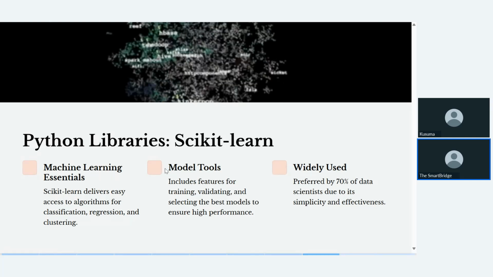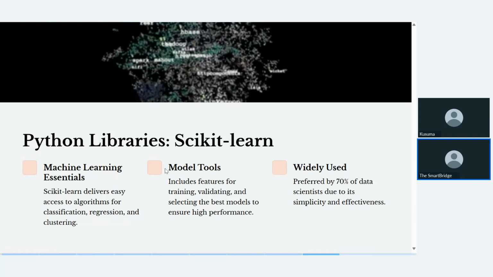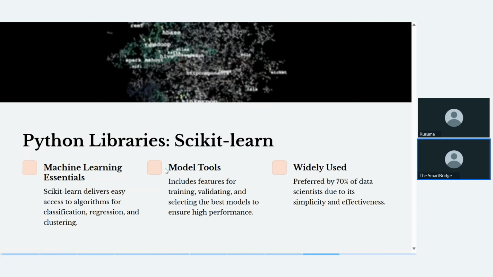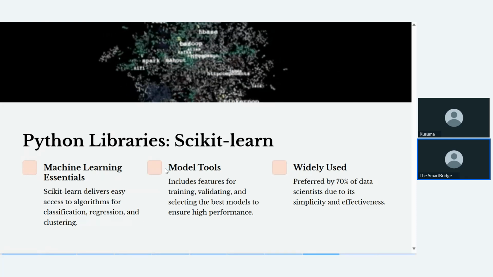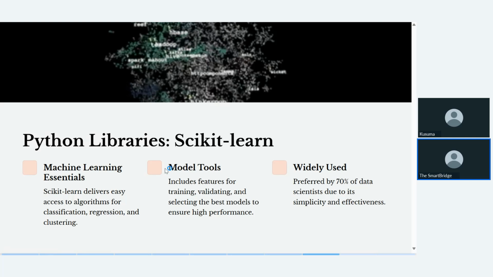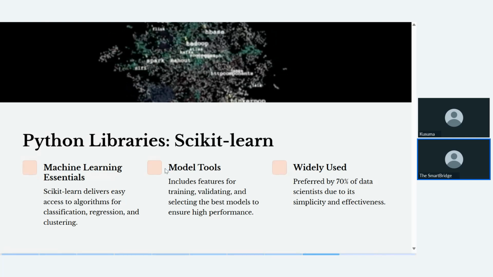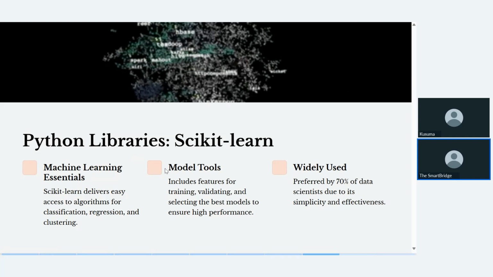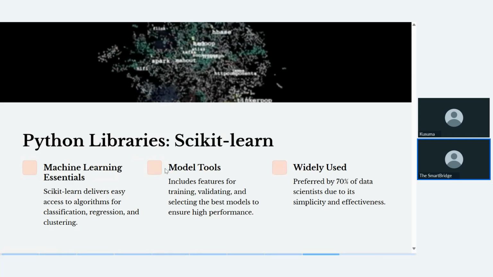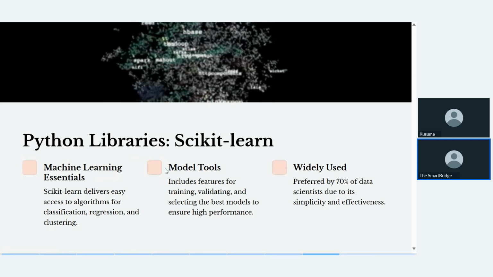Scikit-learn is a library which is essential for the classification and regression algorithms we'll be performing. Coming to data science tools, for most data science applications and code, we need scikit-learn. Matplotlib is a library we'll be using for visualizations.